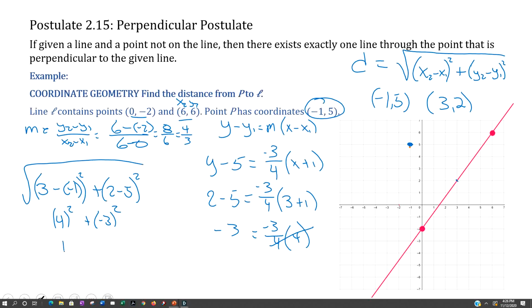So I end up with 16 plus 9, all in the square root. So again, that comes down to the square root of 25. So my distance there is going to be 5 units.